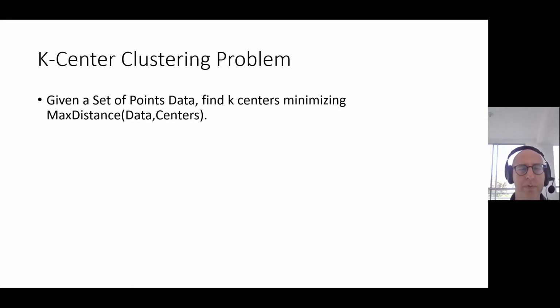What we want to do, we wish to cluster a set of points defined in a multidimensional space into K clusters. And these K clusters are defined by K centers. It looks like a nice, well-defined problem.